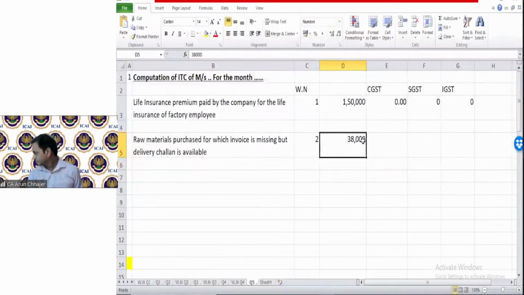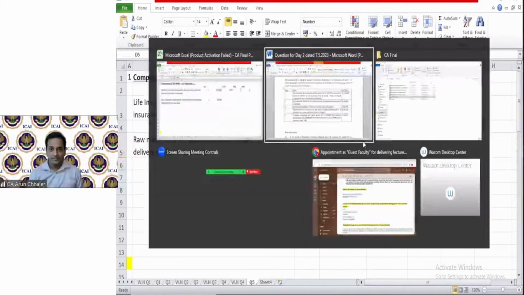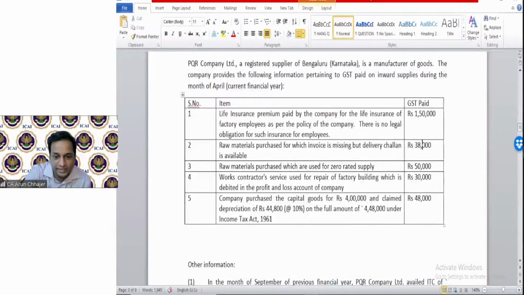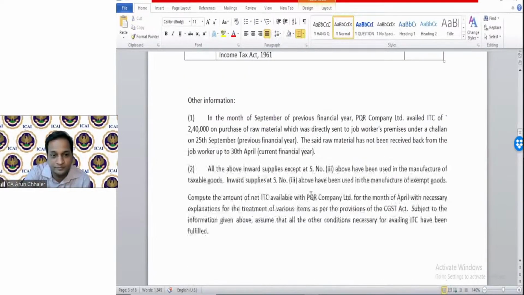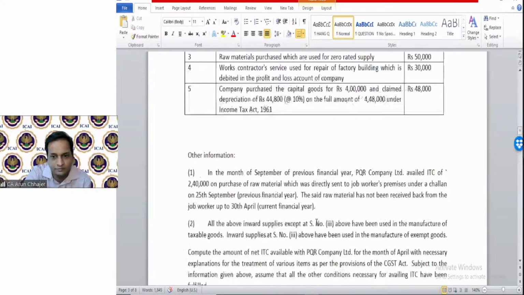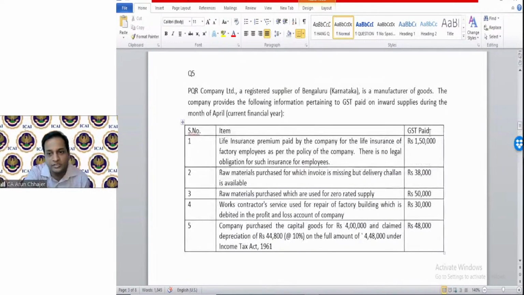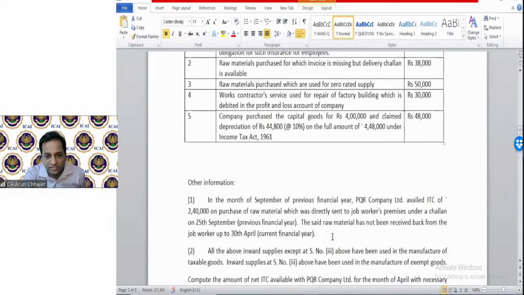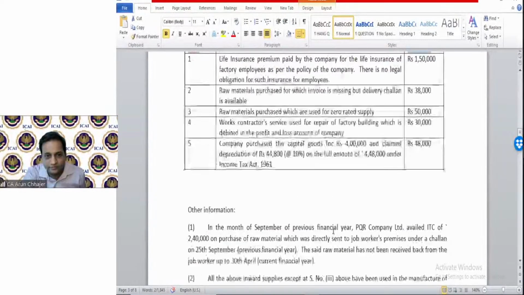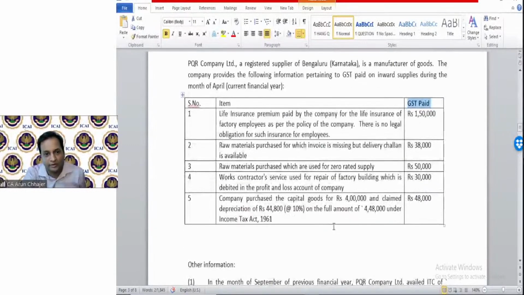Is there any problem? Oh, this is GST paid. Sorry. And I think no bifurcation is required.